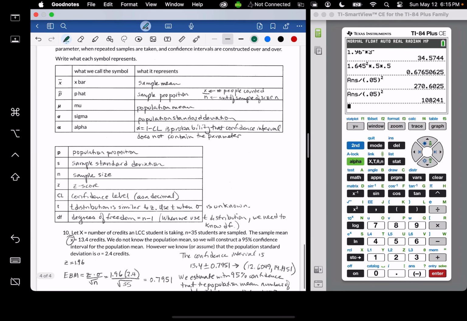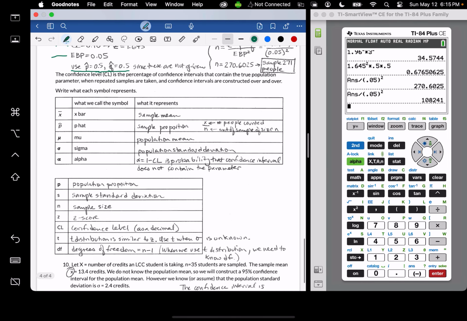The rest of this page is just me reminding you of the various symbols that we've got. X bar represents the sample mean. P hat represents the sample proportion, x out of n. Mu is the population mean.